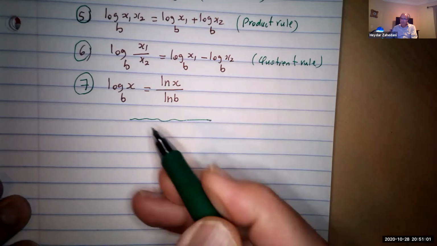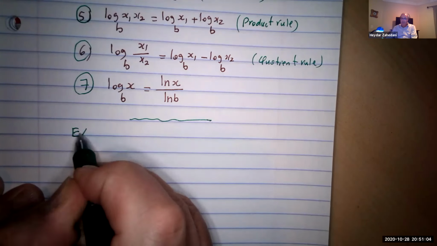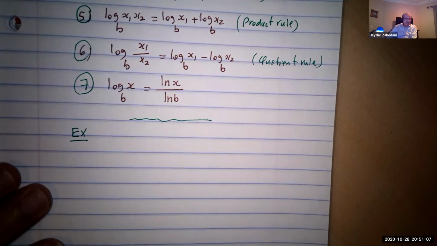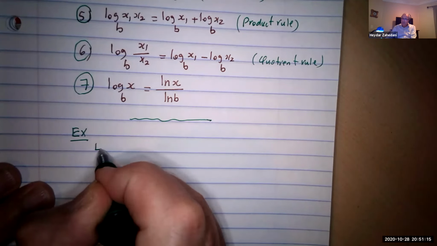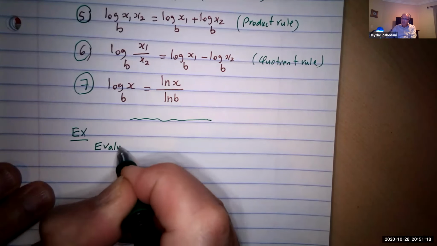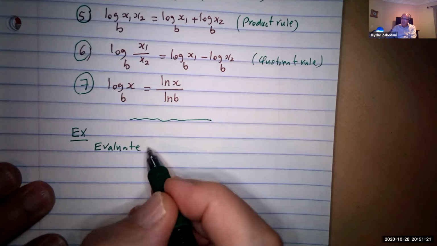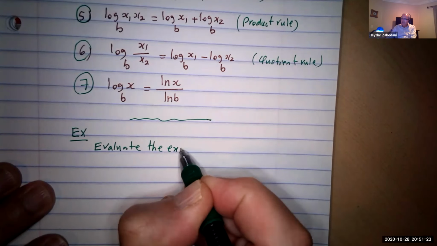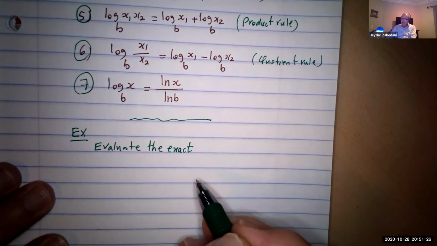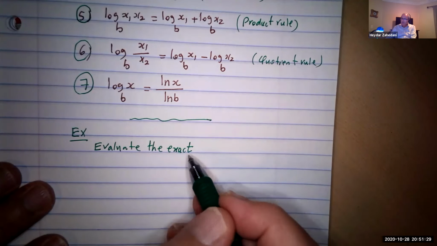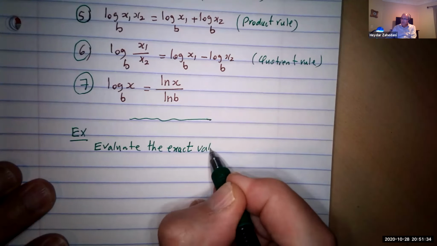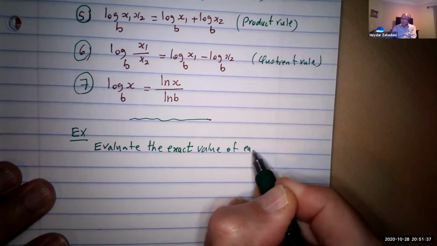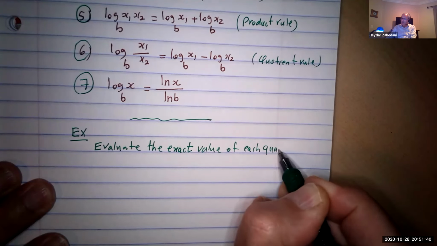The first one, example. In the first one, they are going to ask you this expression. They ask you to evaluate the exact, or find the exact value, if you like, of each quantity.